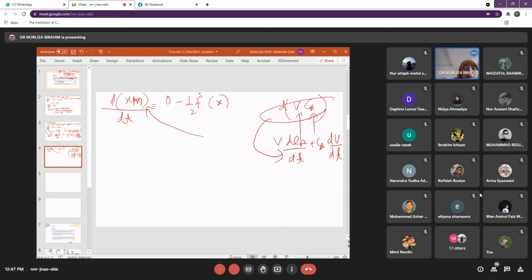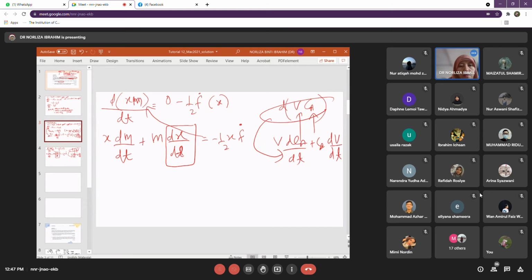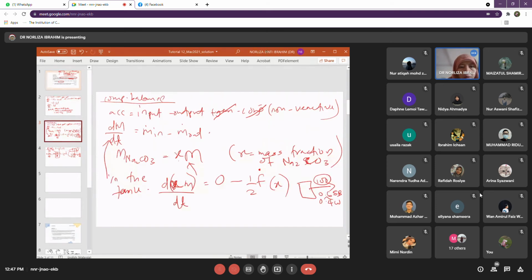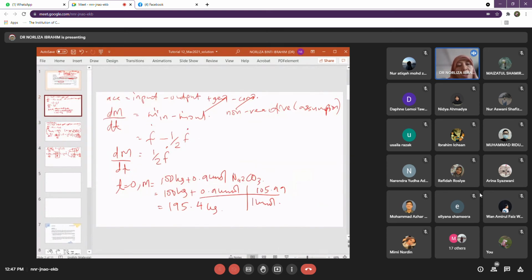So both change. So when both change, you have x dm dt plus m dx dt. So this is the expression that we are looking for in the component balance, dx over dt, because this actually represents the sodium bicarbonate, equal to negative half x f dot. Okay, so dm dt, if you refer to dm dt of your total balance, previously, not this one, half f dot.